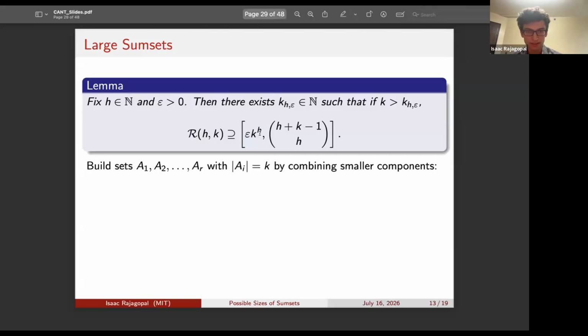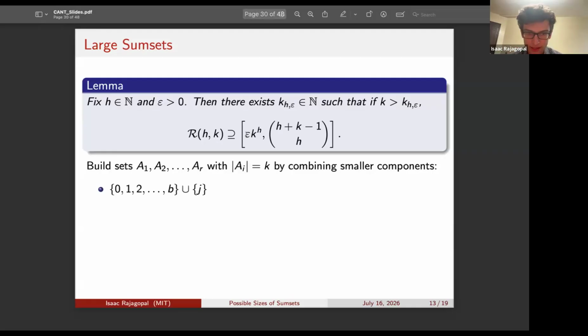So we want to build sets A of size k, A1, A2 up to AR, by combining smaller components. And what are these components going to look like? The idea is to get things which have sumset sizes in the middle, so we want to combine components with small sizes of sumsets and large sizes.